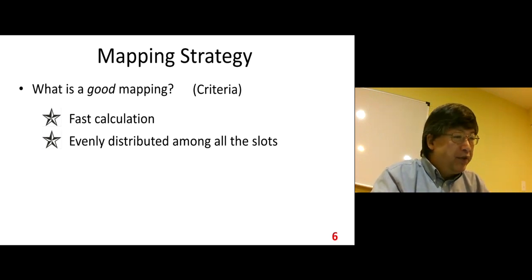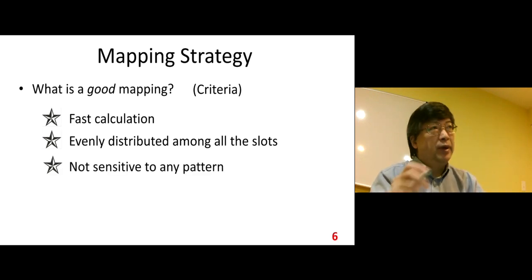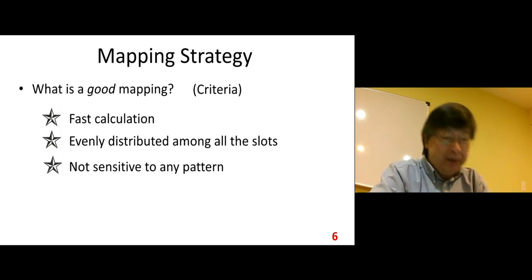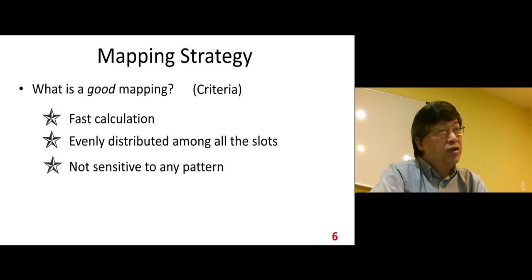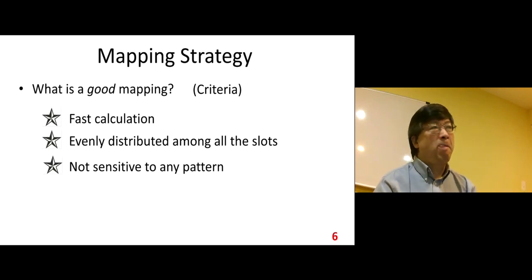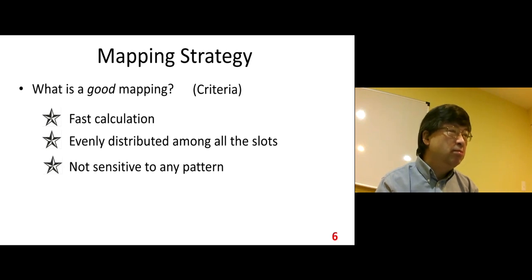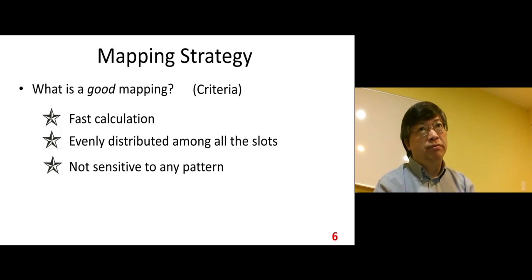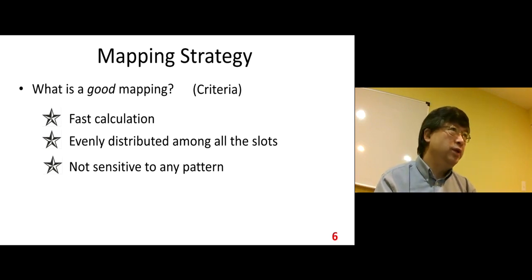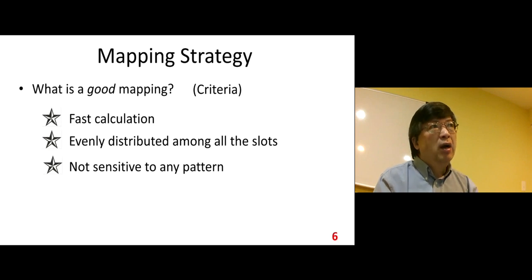The third property, another important one, not sensitive to any pattern. This one is not easy to see. Sometimes data could be given in a certain pattern. It is possible the data is given in some kind of pattern, and we don't know which.